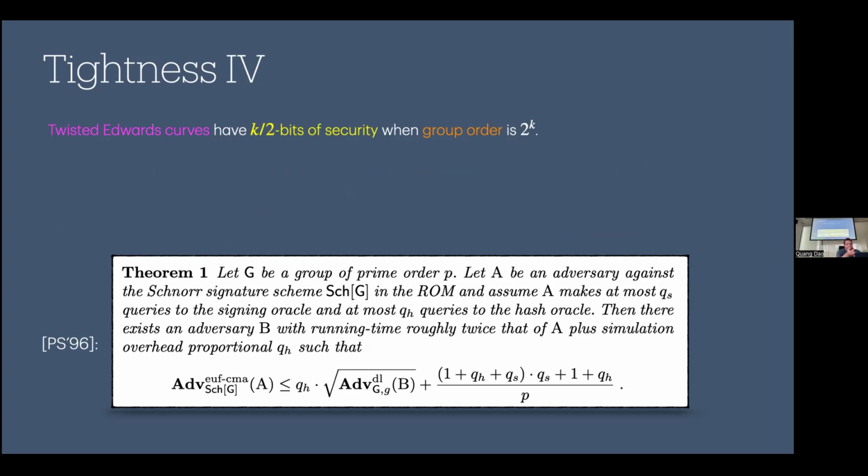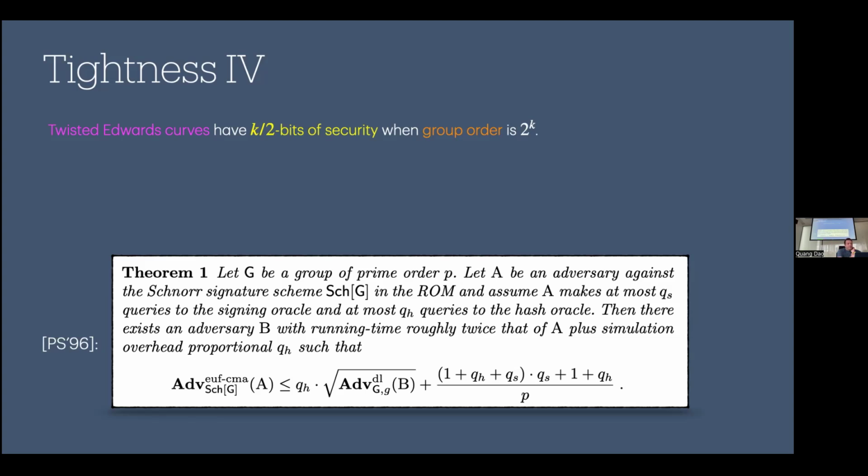And the relation is that the advantage of A is upper bounded by Q_H, the number of queries that the adversary makes to the random oracle, times the square root of the advantage of B, plus some other term which basically you can ignore. So the important thing is that it's the square root that kills us, but also the Q_H is important here.